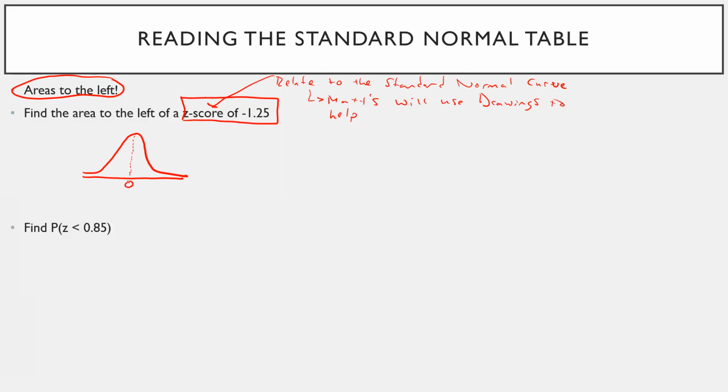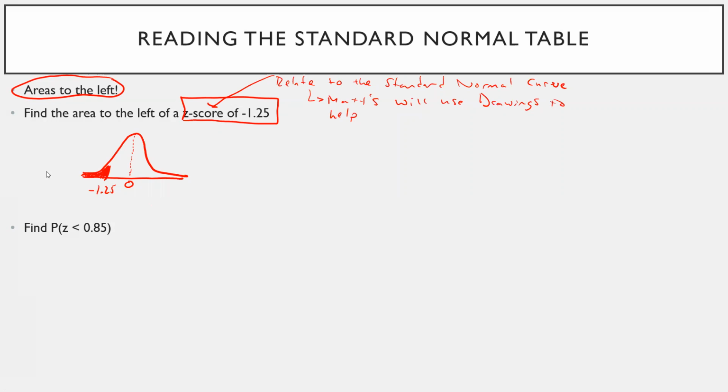No longer am I going to tick off standard deviations. A z-score of negative 1.25 has to be below 0. It's over here. And I want to find the area to the left. I want to find this red shaded tail area here.